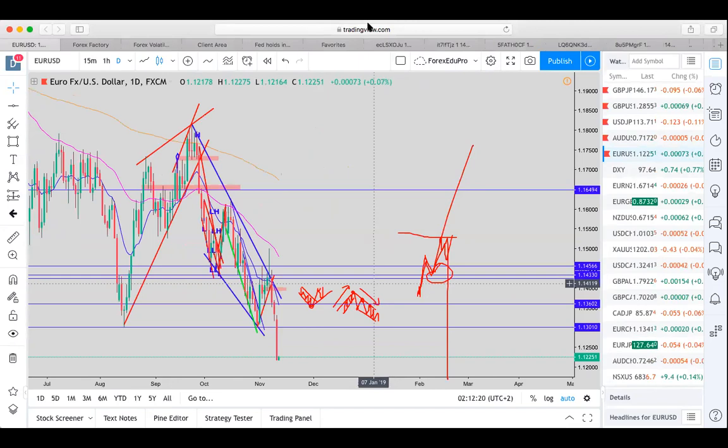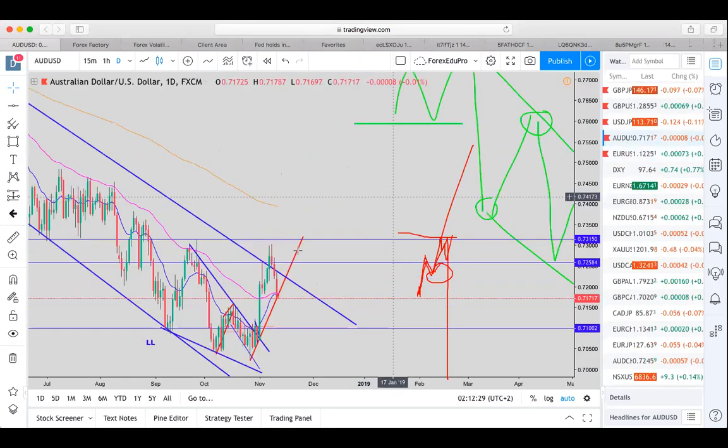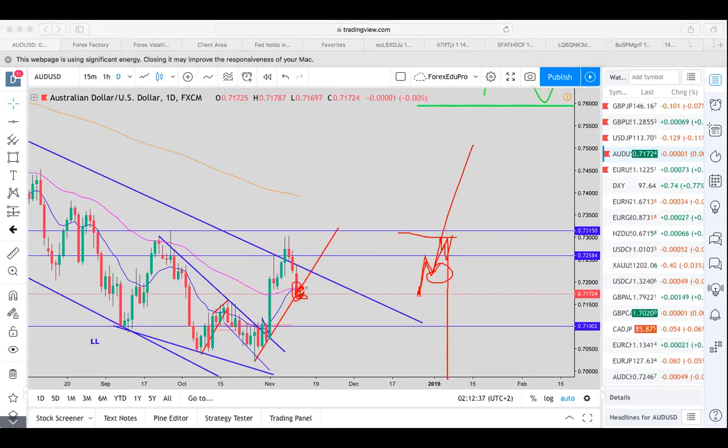So it's not going to be as easy as a bullish engulfing, my friend. You must understand that the market's not going to make it easy for you. We're going to get manipulation over here. So there's going to be artificial price to grab liquidity before it makes its move. But I want to see any bullish price activity here.